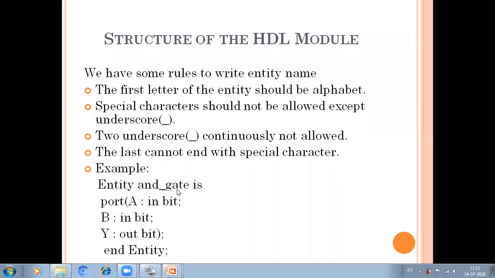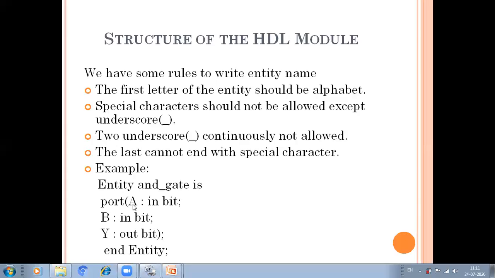So here the entity is followed by its name, and the predefined word is. This is the entity name, underscore gate. Port in brackets A, B, Y: these are the input and output signals defined by the different modes.